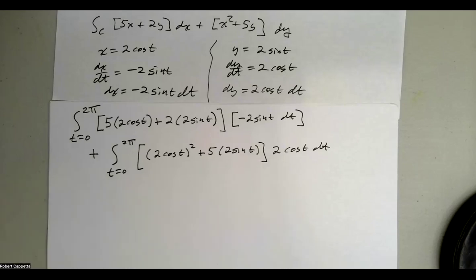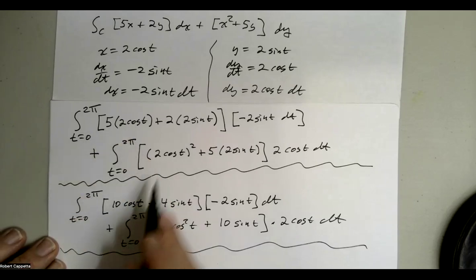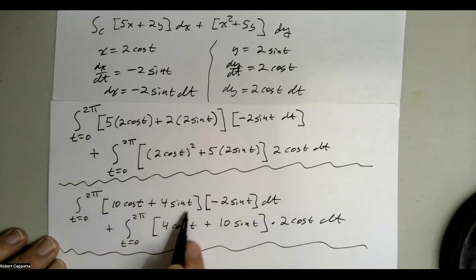So let's do some more algebra to simplify this. 5 times 2 cos t is 10 cos t. 2 times 2 sin t is 4 sin t. (2 cos t) squared is 4 cos squared t. 5 times 2 sin t is 10 sin t.